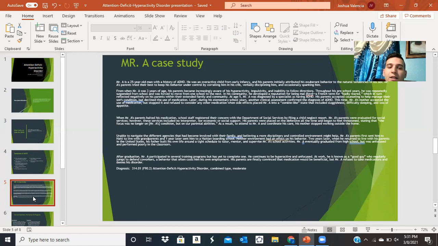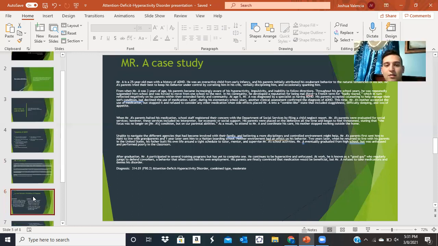Mr. A has been showing at least a minimum of six symptoms included in the case study, and has been experiencing these symptoms for at least 6 months or throughout his life. That's according to the DSM-5 textbook.